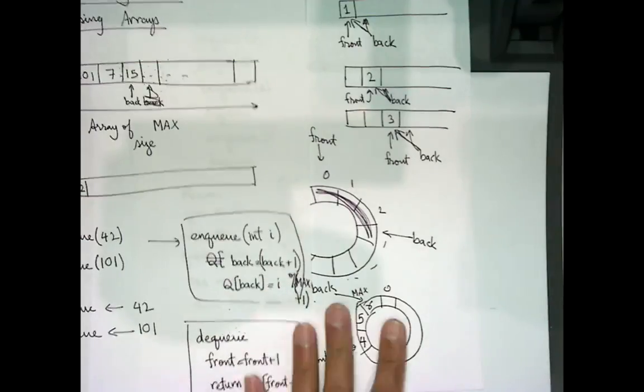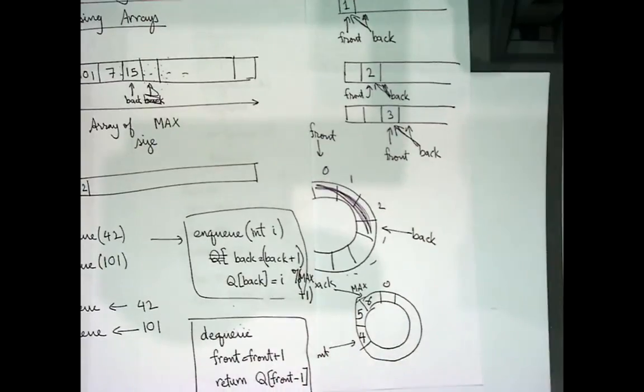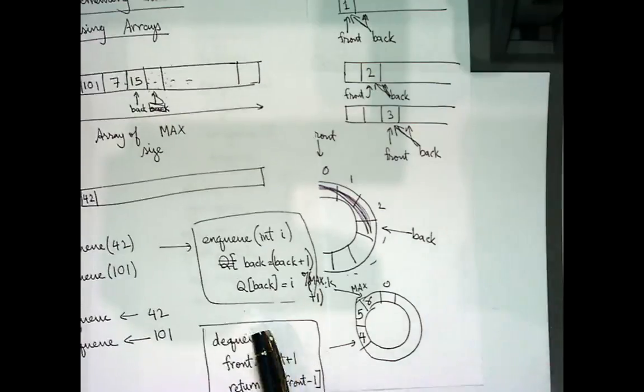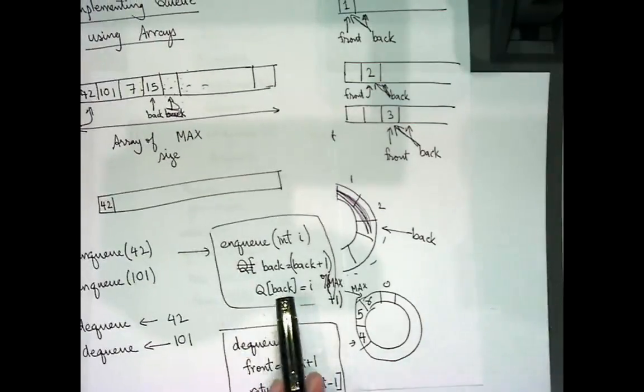Yeah, so I'll do an example of this just to make sure that you guys get it. So, yes, back is an index. It's the same thing, right? The queue basically has two indices, front and back. It's just that those indices are moving in a circle. They're not moving in a line in the array. Yes?